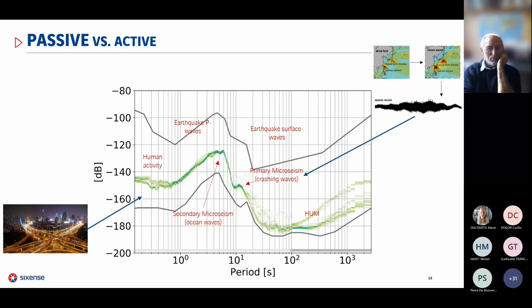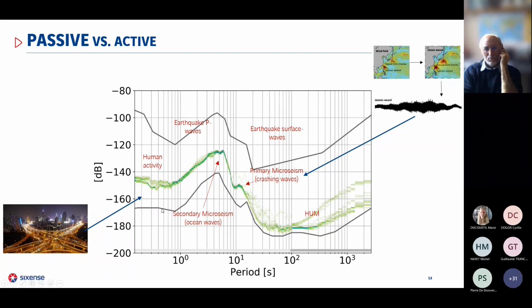But on the spectrum, we see also seismic noise that has different sources at different frequencies. For example, we have the hum of the earth at low frequency, so high period, which is the continuous free oscillation of the earth. We see also what we call microseismic noise, represented by two peaks here, emitted by ocean waves and their interactions mainly with the seafloor.